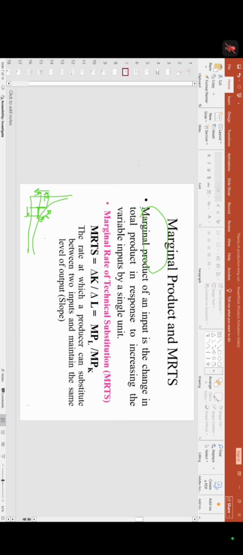It is basically the change in total production in response to a single unit change of your input. What happens if you are increasing your capital? What happens to your output? So the marginal rate of technical substitution represents this: when you are changing this much of capital, how much change in the labor?